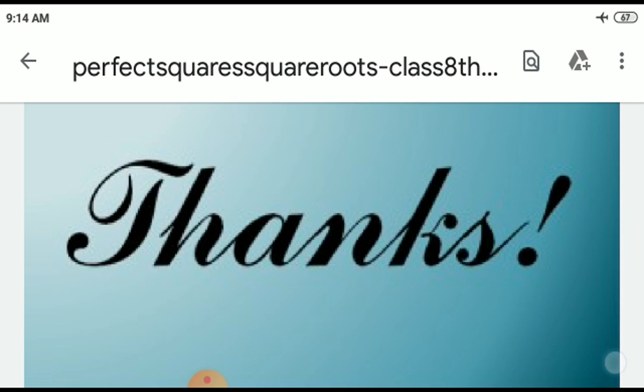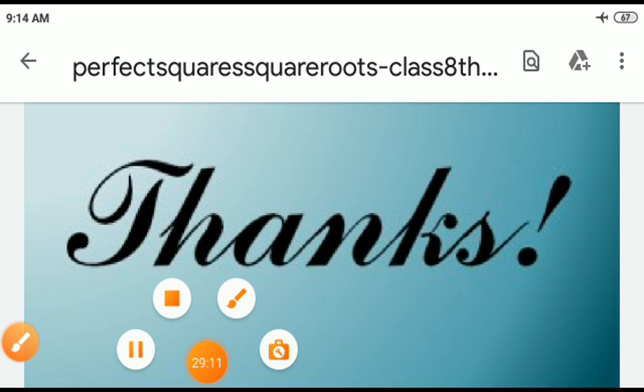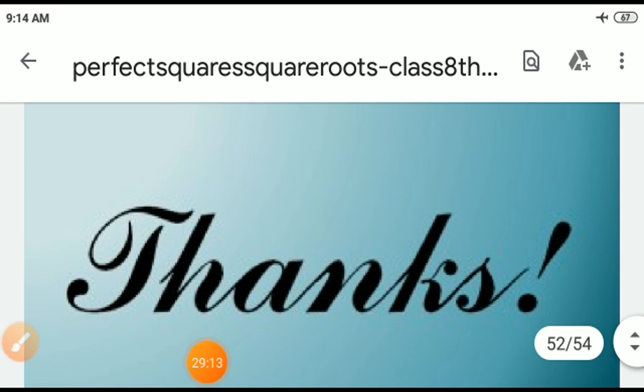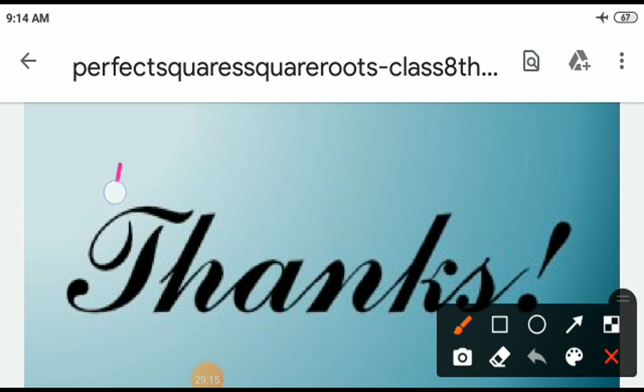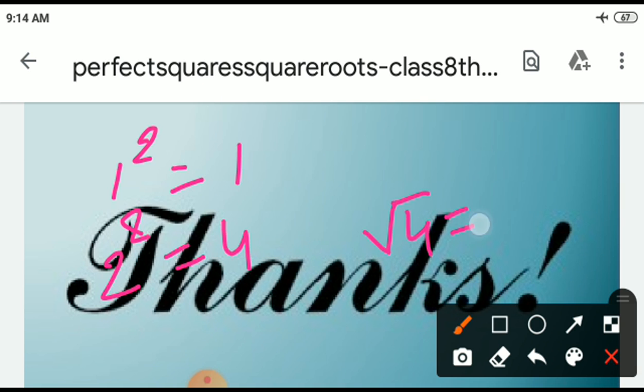I can show you. Listen this way. So how can you write? See, 1 square is equal to 1. 2 square is equal to 4. Or you can say square root of 4 is equal to 2. Can I write like this way? Yes, students. See, 2 2 जा 4 हो गया बेटा. तो is equal to 2 लिखेंगे इधर. 3 square is equal to 9.